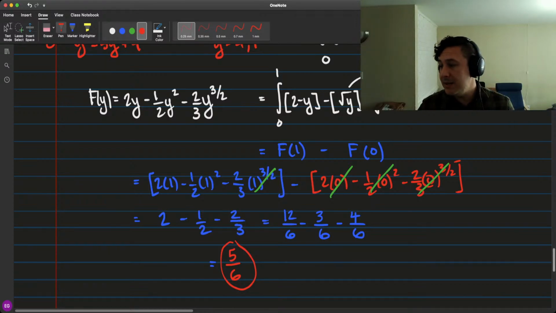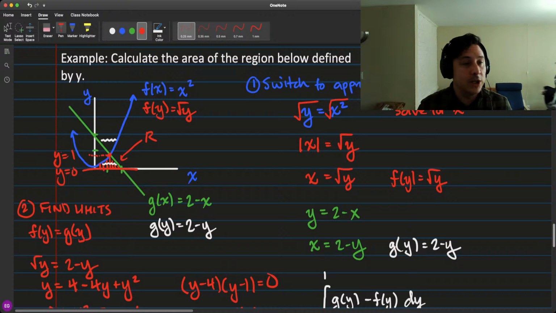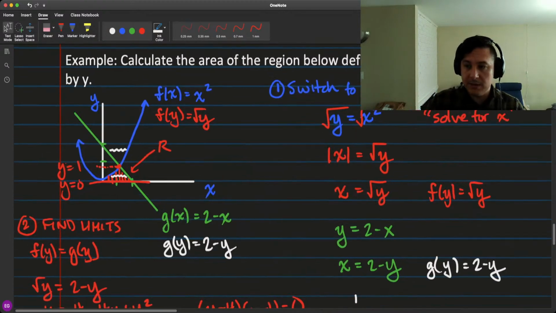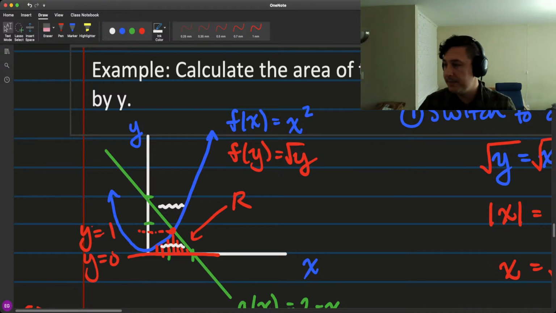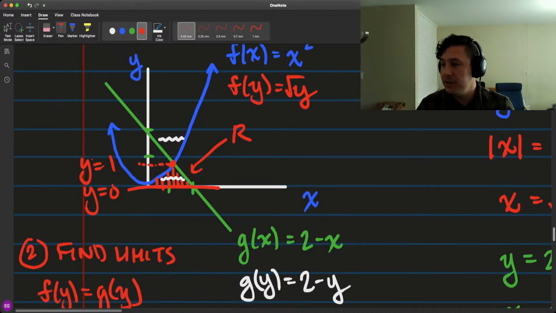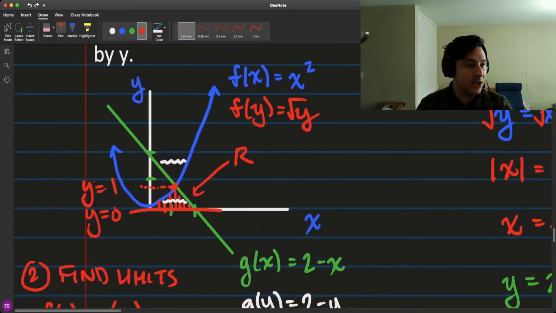And actually, does everyone agree that we could have solved this problem by defining it in terms of x? But there's something really important that you would have had to have done. We're going to zoom in to look at that. Why was it a good choice to do it in terms of y and not x?